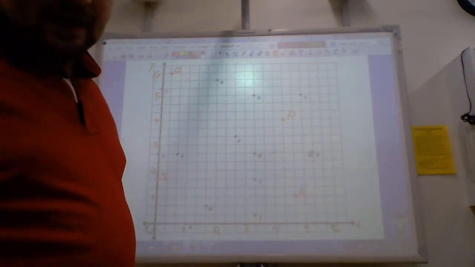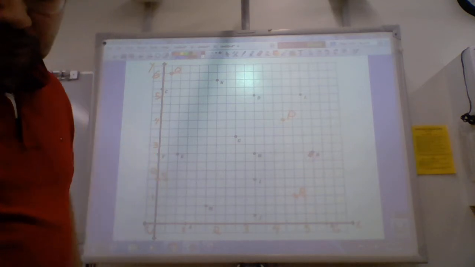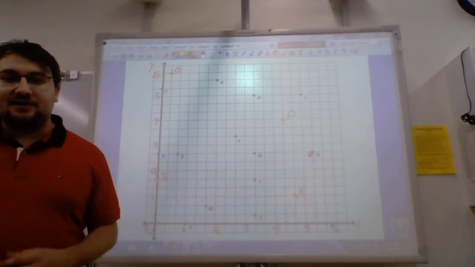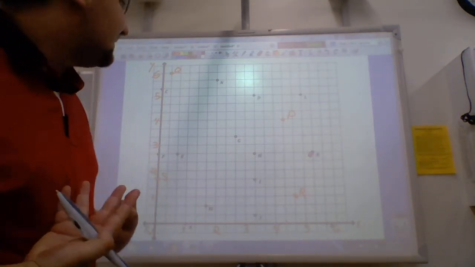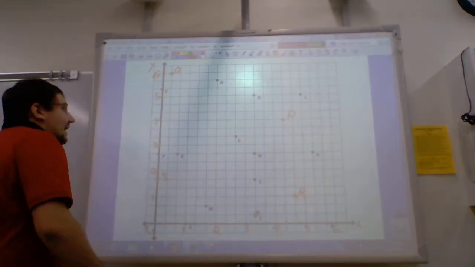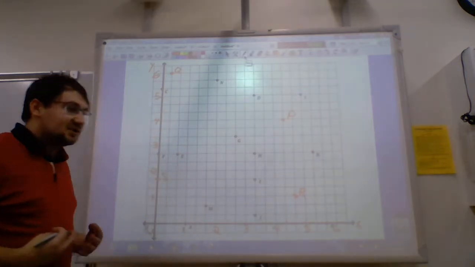The last part of that is saying Jack was absent when the teacher, aka me, explained how to describe the location of a point on a coordinate plane. Explain using point J. We have point J right here. So how are we going to explain how to find the coordinate of point J?